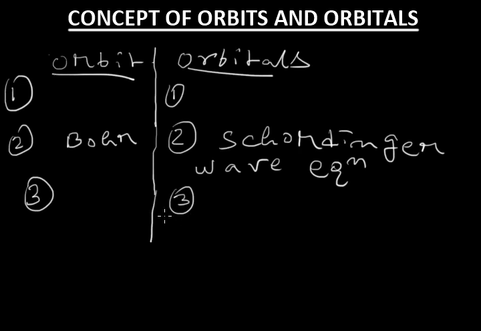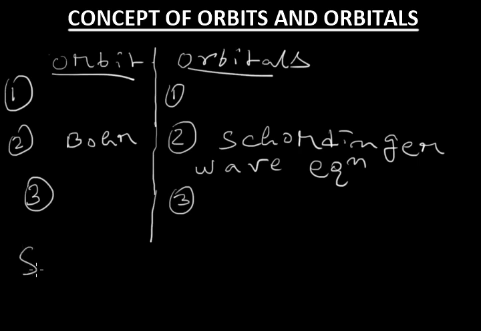Now let us discuss the shapes of different orbitals. There are 4 types of orbitals: s, p, d and f. We will discuss the shapes of s orbitals, p orbitals and d orbitals.